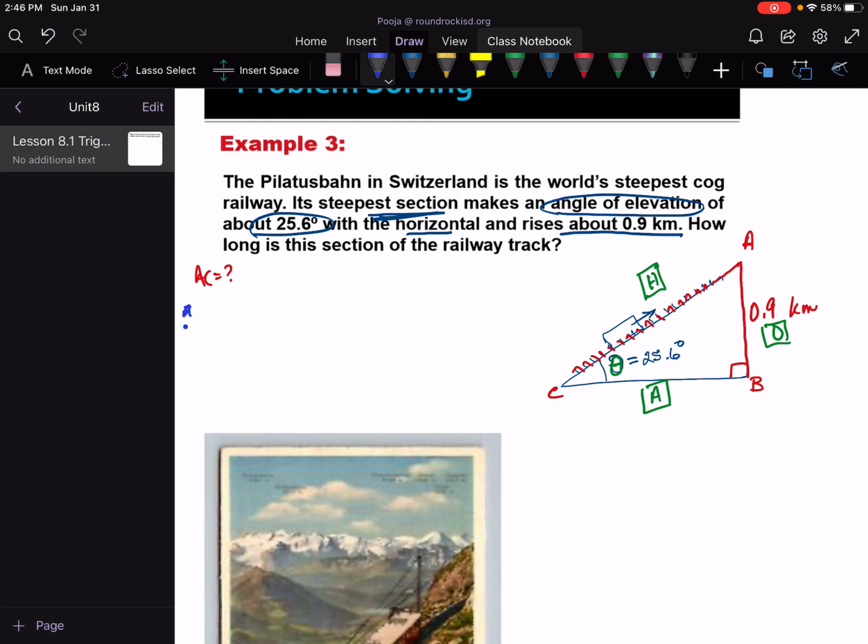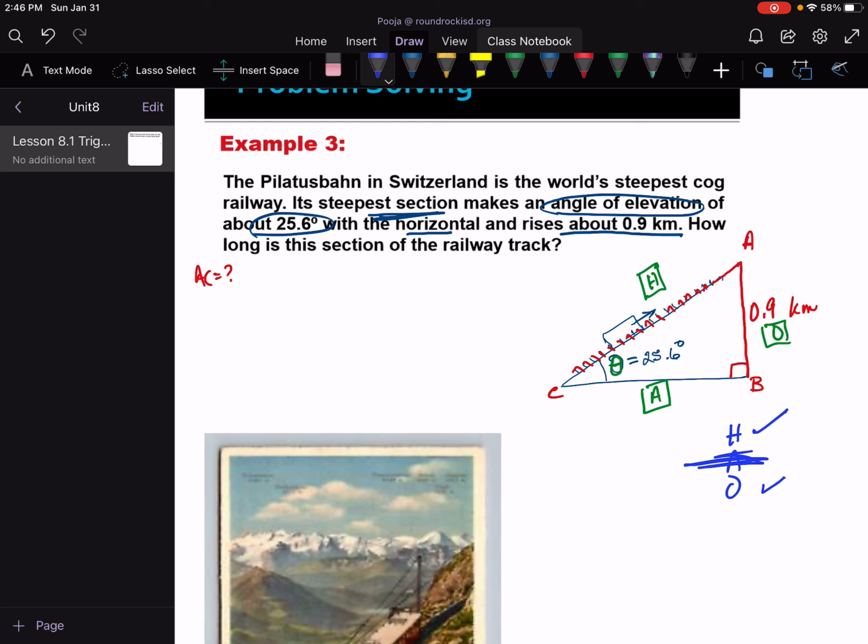Write down all three of these on the side: hypotenuse, adjacent, and opposite. Is hypotenuse in question? Is that what I have to find, or is it given? Yes, that's the one I have to find, so hypotenuse is important. Adjacent, is it given? No. Have they asked me to find it? No. Opposite, given?